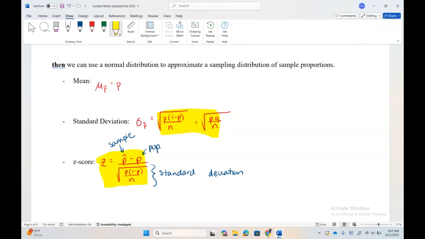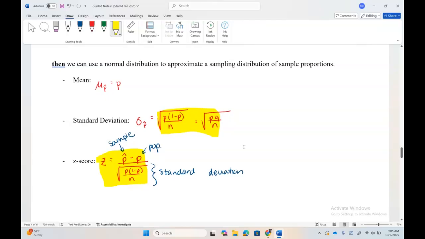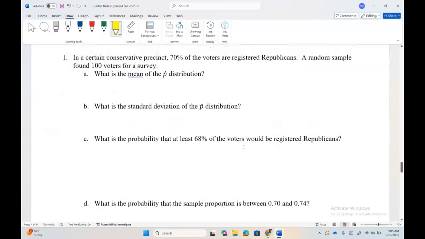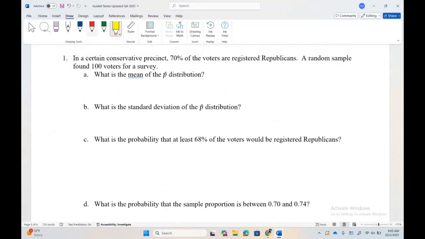All right, so let's do an example. In a conservative precinct, 70% of the voters are Republicans. A random sample found 100 voters for a survey.